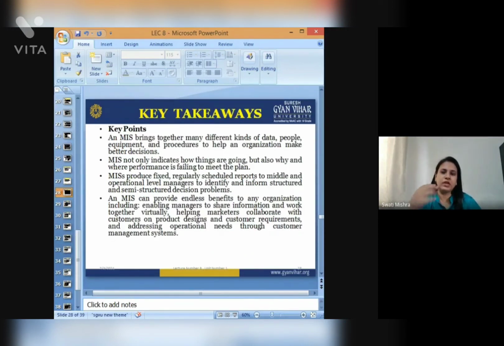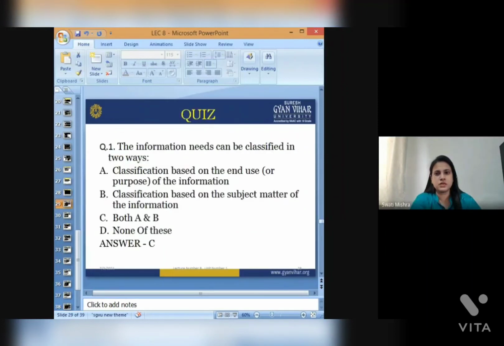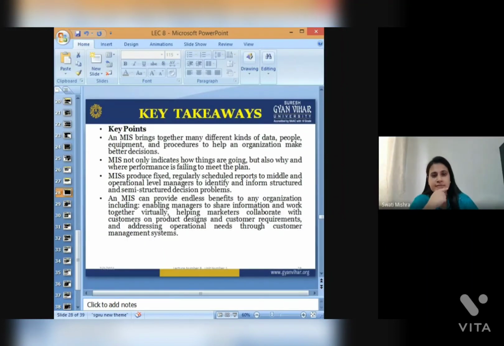So if we now talk about the key takeaways out of this, marketing information system, and MIS basically brings together many different kinds of data, people, equipment, and procedures to help an organization make better decisions regarding different aspects of marketing.